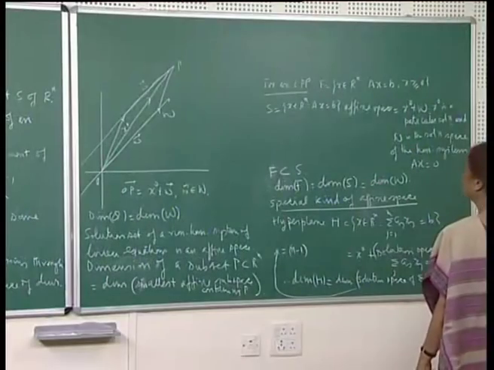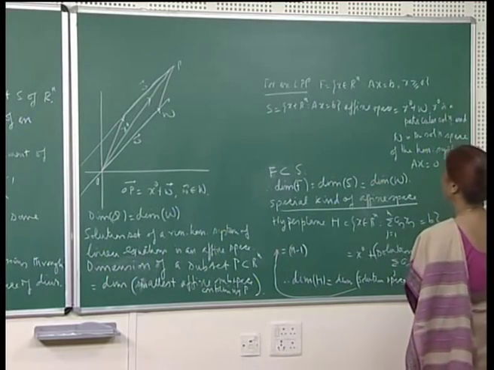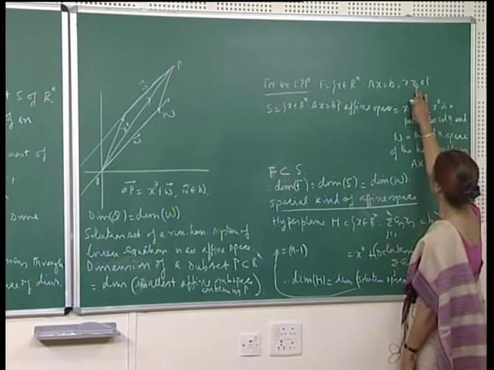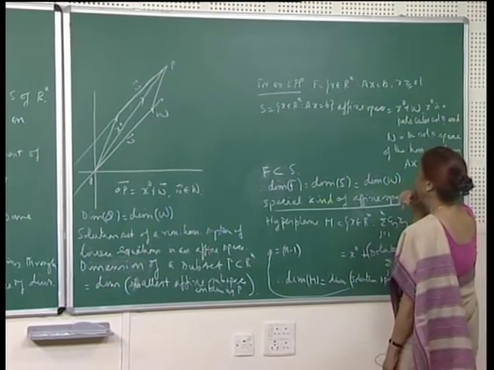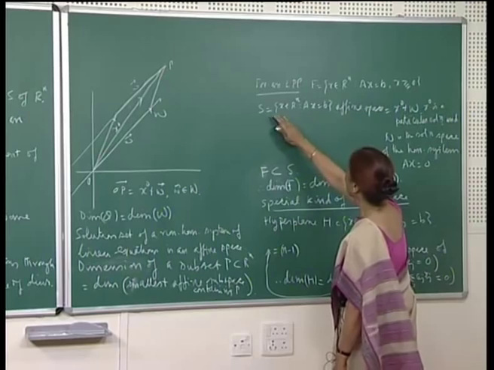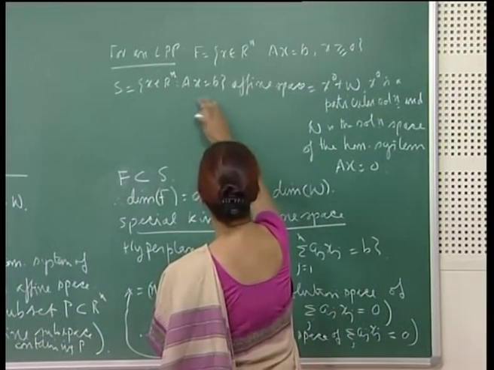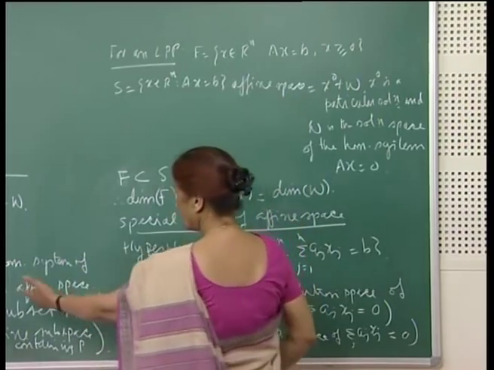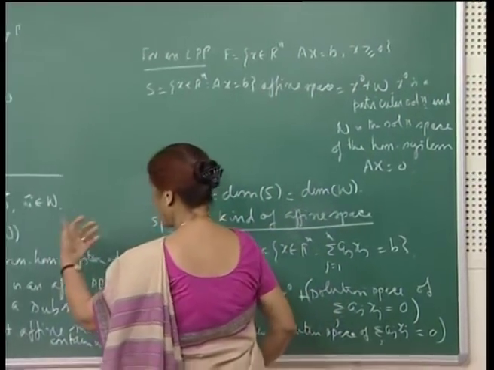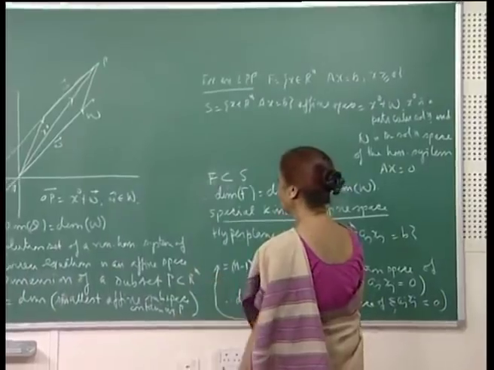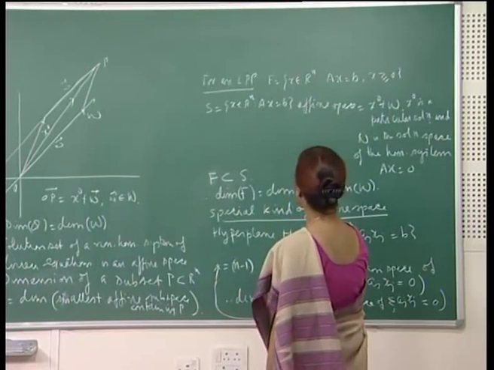Now, let us look at the feasible region for an LPP in the standard form. You will first look at the subset S, the set of x in Rn with Ax equal to b. This is the affine space I told you about, because the solution set of a non-homogeneous system of linear equations is an affine space.